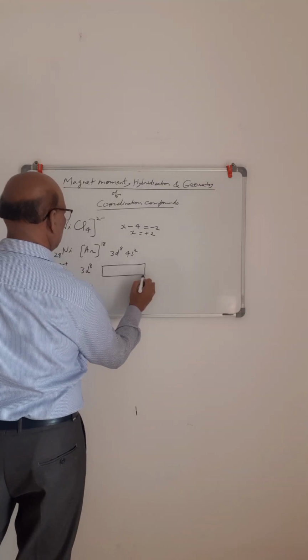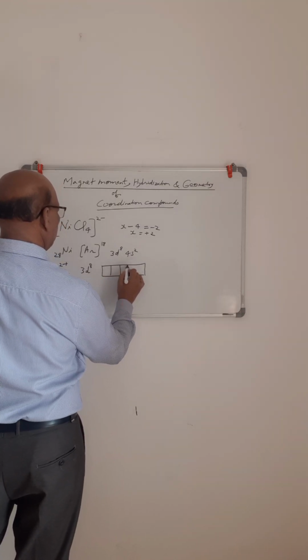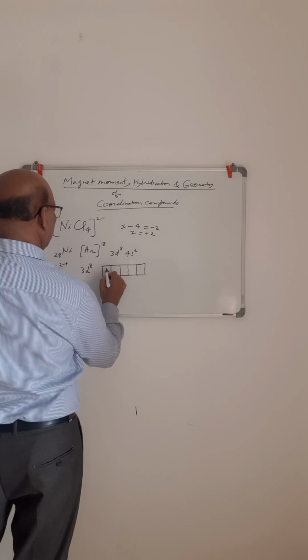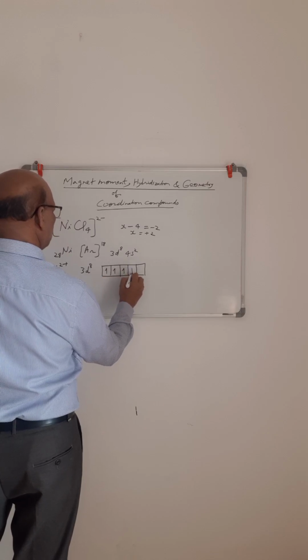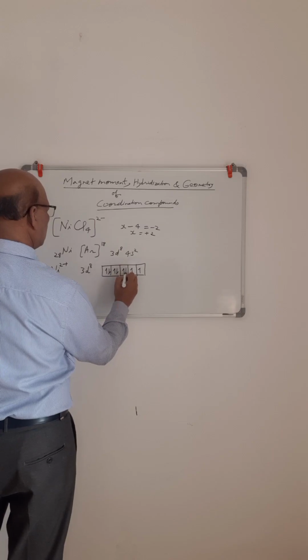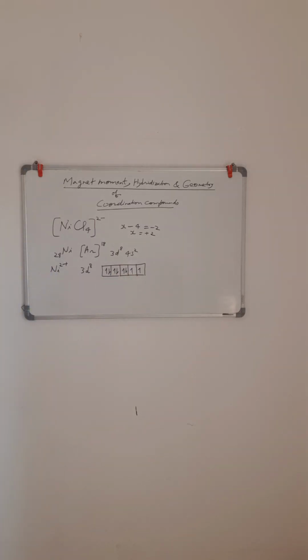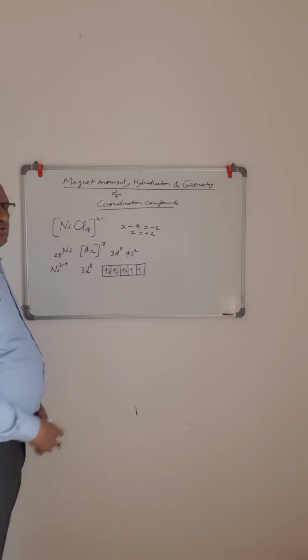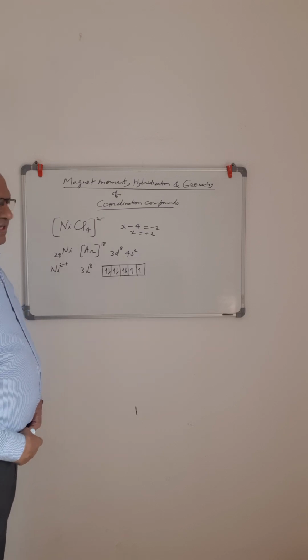Okay, now I will write 3d8. There are 5 orbitals in d, so 1 electron each, then total 3 more electrons, so this is the 3d8. Okay, now there are 4 ligands which have to make the 4 coordinate bonds with this nickel 2+ ion, so it needs 4 empty orbitals.